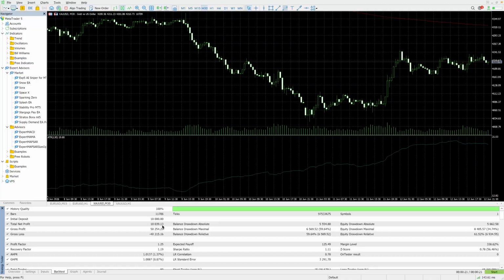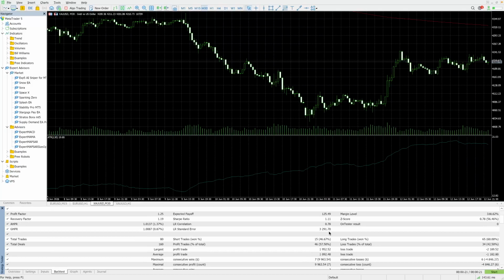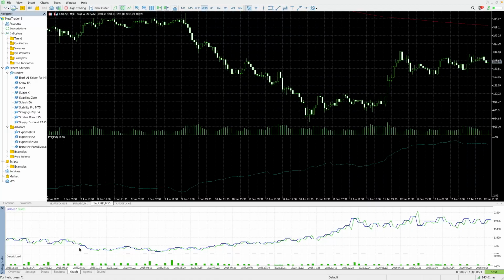The profit factor was 1.25, and max drawdown was around 60% on balance and equity, which is quite poor. And the win rate came in near 57 to 58%, and the equity curve shows good upward runs, but mixed with some noticeable drawdown periods, as we had here.